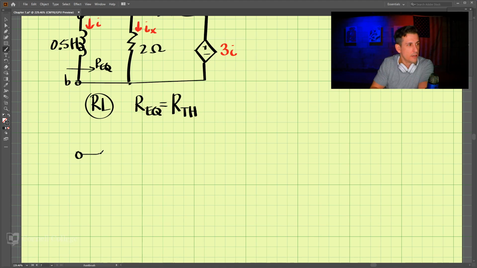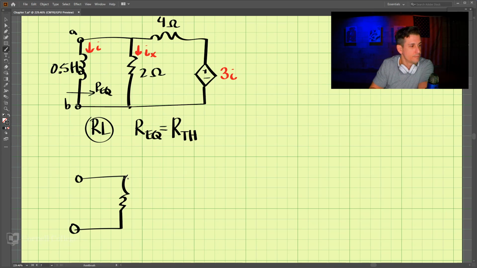So let's redraw the circuit by finding the Thevenin resistance. We have this, and this is 3I, and we have 4 ohms here and 2 ohms here.